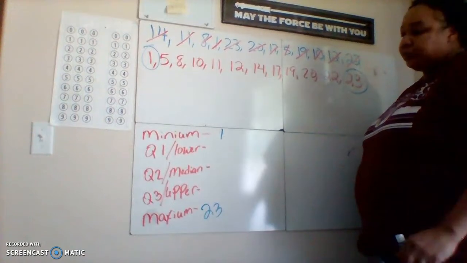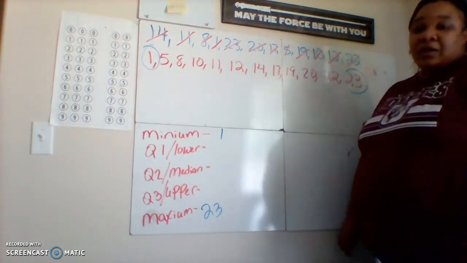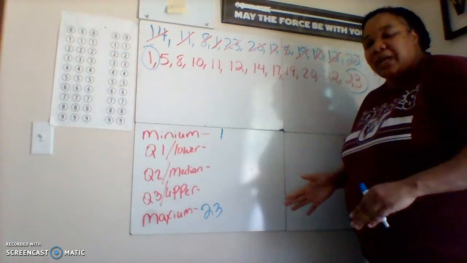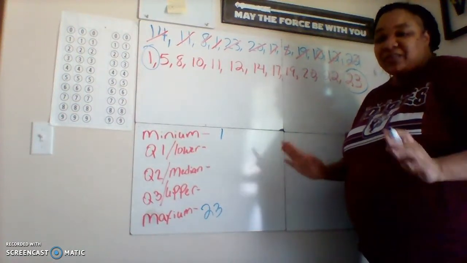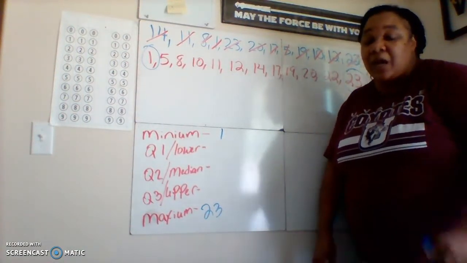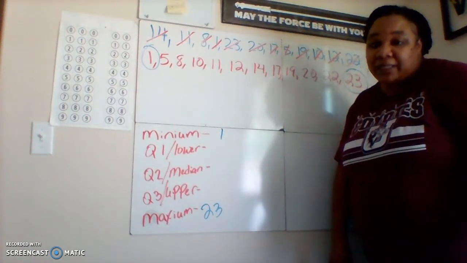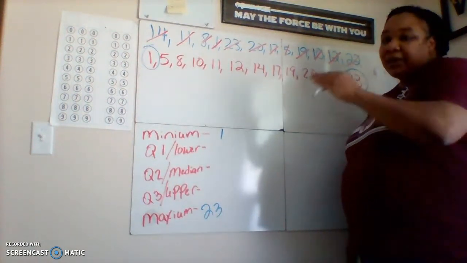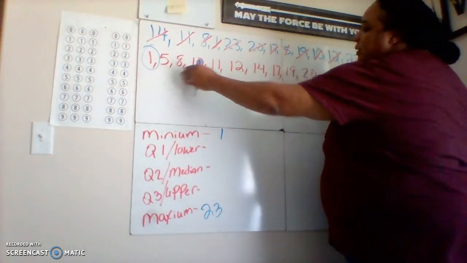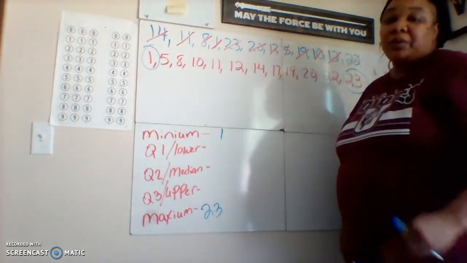All right. Now, I want to find something that is easy for you to do, but at the same time, it's a little bit time consuming, and that's fine. We're going to find our median. Remember how I told you we find our median? We take our numbers and X them out, going this way and this way, until we get to the middle two numbers.